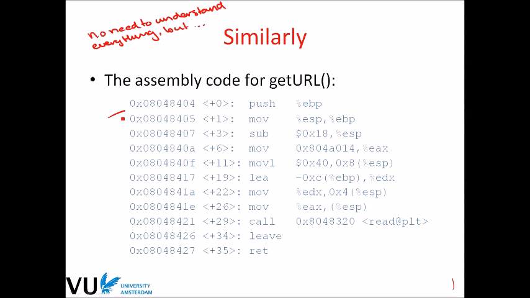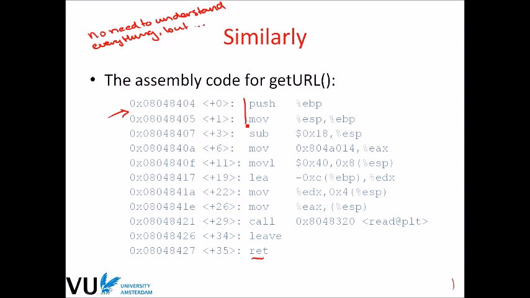Again, we have here the start of the function, and we see here at the end of this function we return. Moreover, we see that there is the exact same prologue to this function. So the prologue of all these functions looks exactly the same.